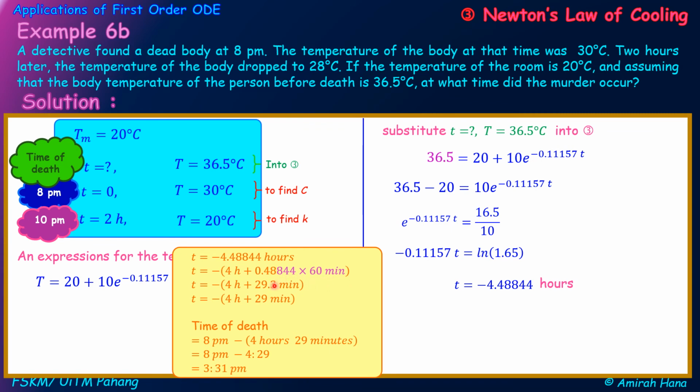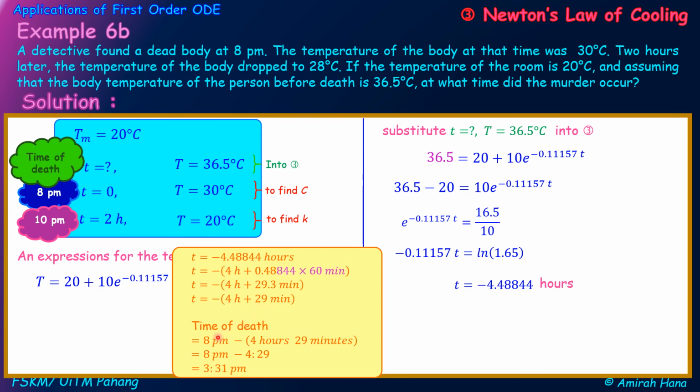Okay, then we get this. Okay, t equals negative 4 hours plus 29.3 minutes. After that we can convert 0.3 to seconds, or in this case, let's just put in minutes only. So we write t equals negative 4 hours, and we approximate 29.3 minutes to 29 minutes.